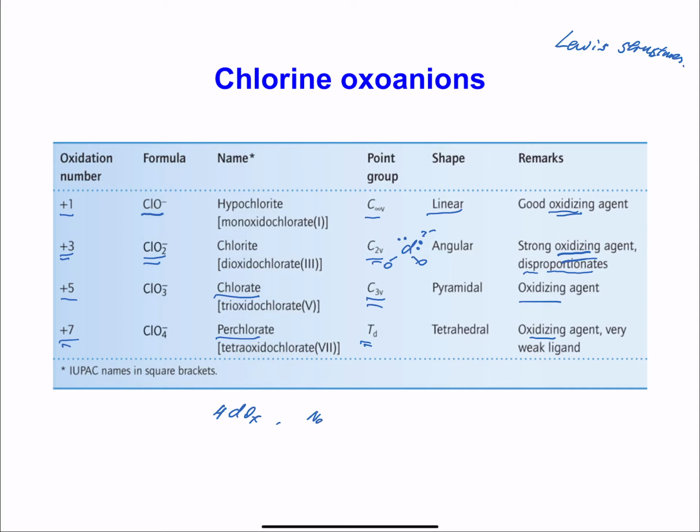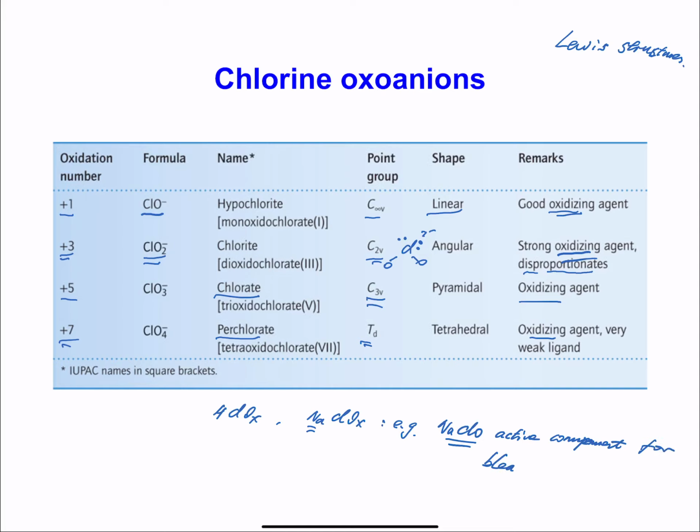That's a tetrahedral geometry, and that's also an oxidizing agent. These anions tend to form ionic compounds. They form acids with hydrogen, and they can also form salts with cations like sodium.